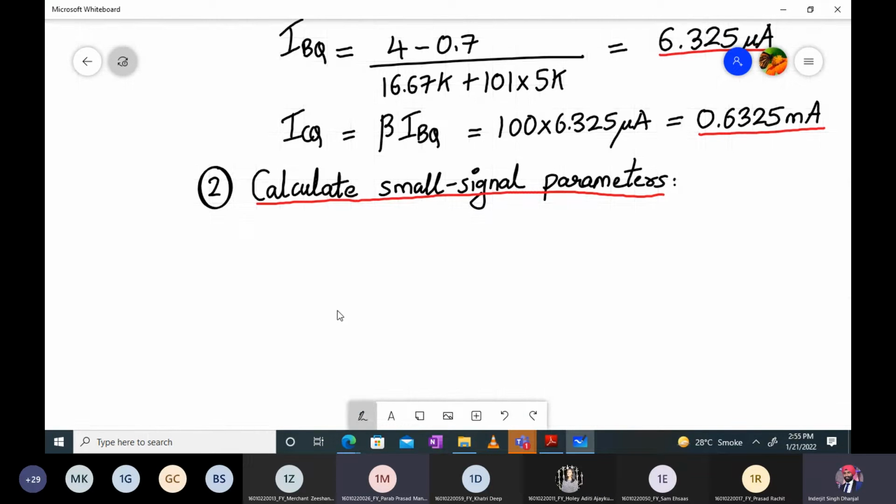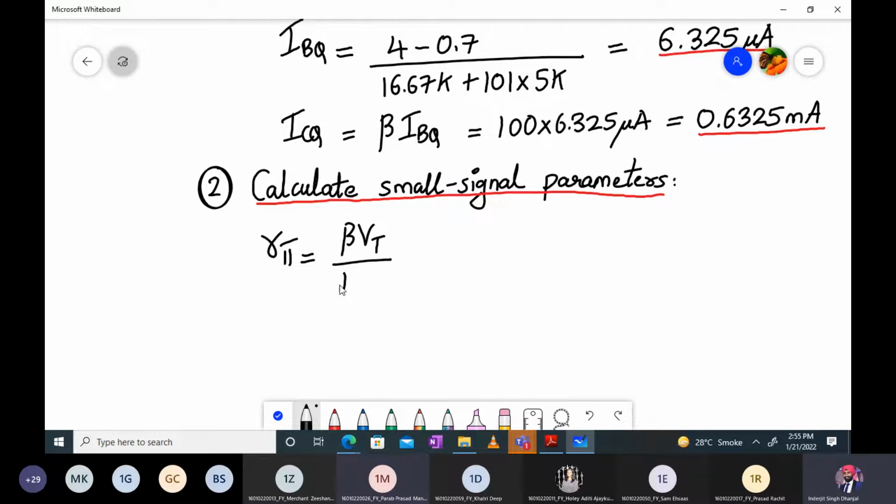So let's start. So what was the formula for RPi? Anyone? What was the formula? Beta VT divided by ICQ. By now you should remember. And what's the value of VT? VT always you have to take it as 26 millivolt unless specified.